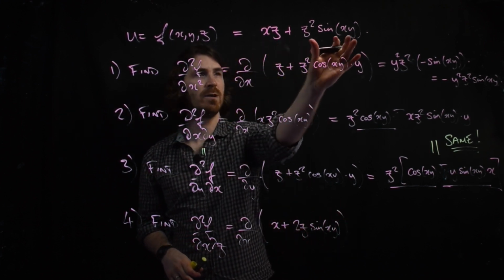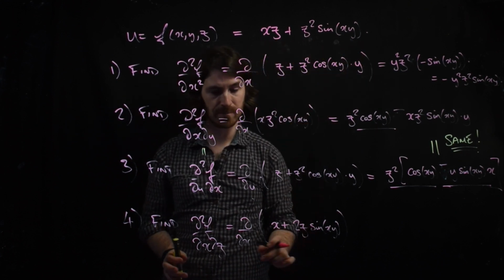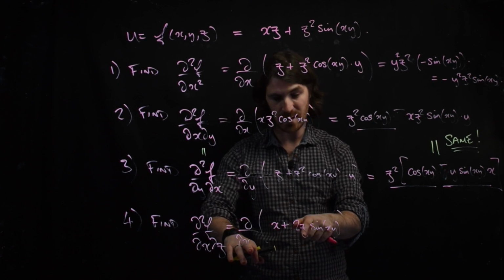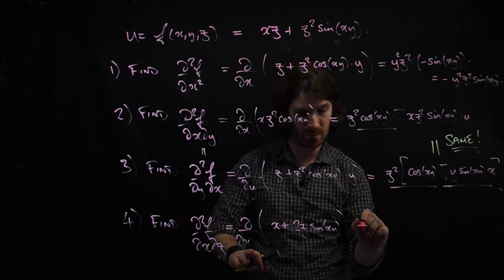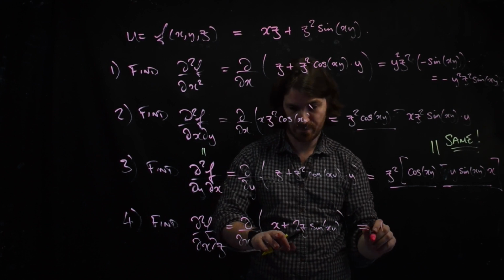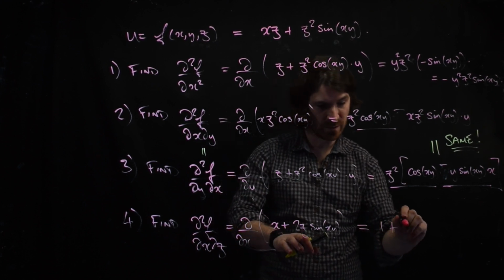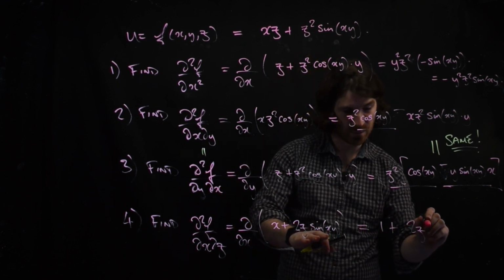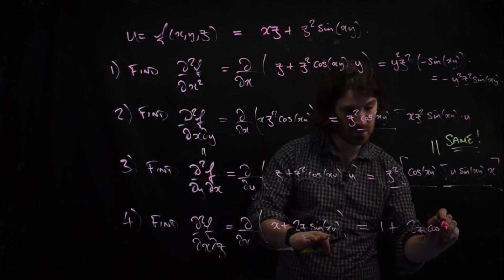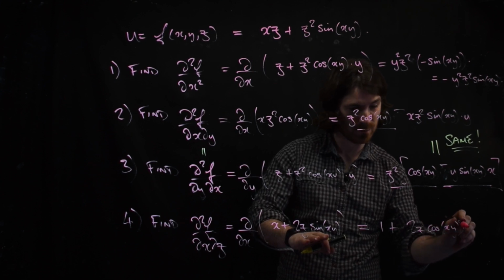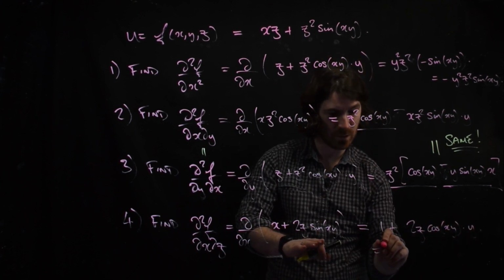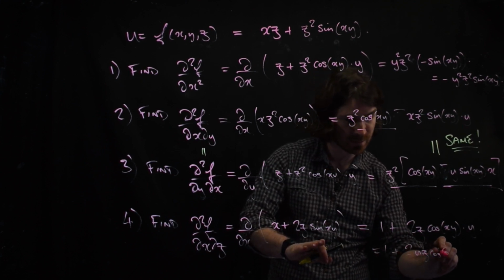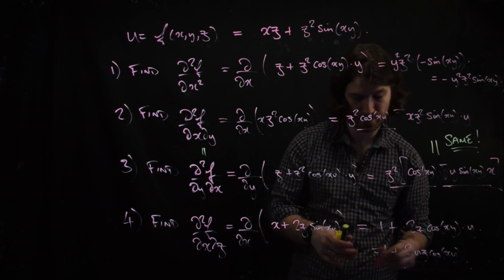We hold x and y constant and just differentiate this with respect to z. Now we need to differentiate this with respect to x holding y and z constant. So we get 1 plus 2z, which is just a constant, and then the differential of sine xy is cosine xy times y. So it's 1 plus 2yz cosine xy.